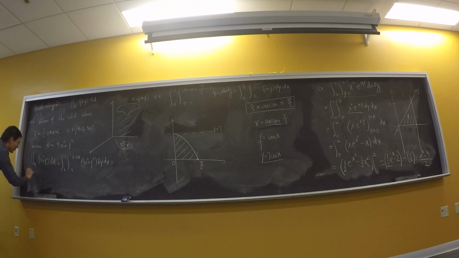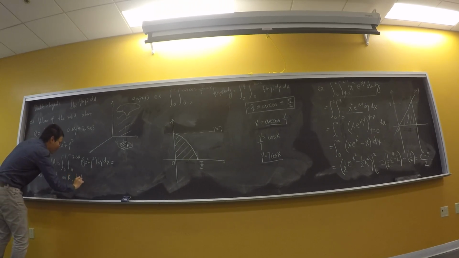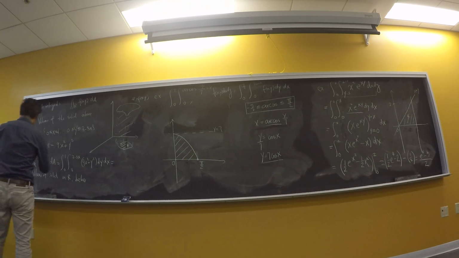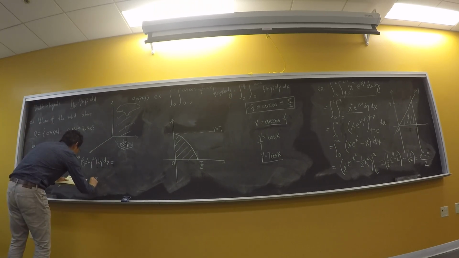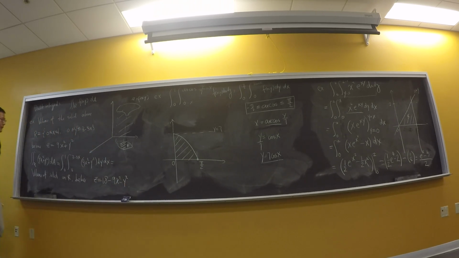I can also ask you the question: what is the volume of the solid on R and below another function, which is z is equal to 18 minus 9x squared minus y squared?